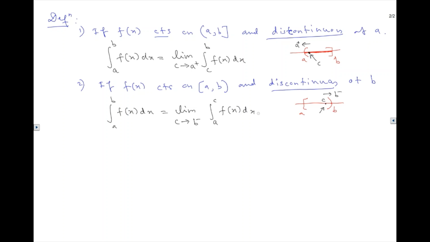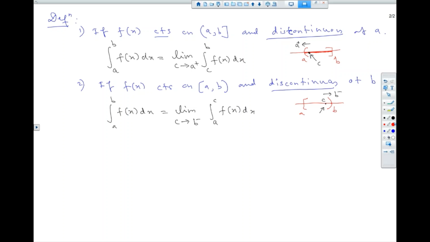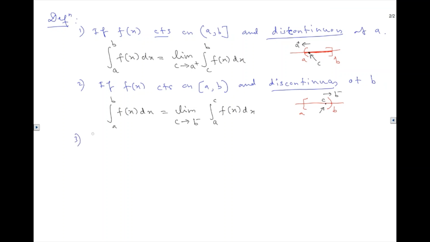Now the third case, there's a discontinuity in the middle of the integral somewhere, inside the interval.